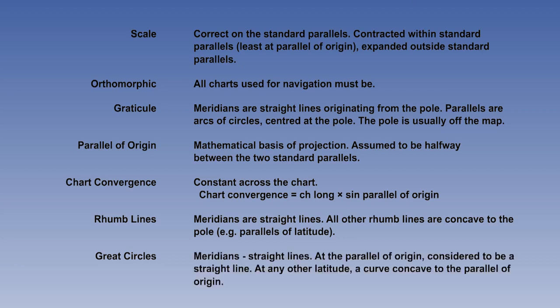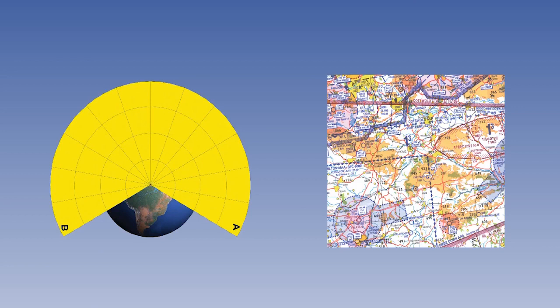Meridians are straight lines. The parallel of origin is considered to be a straight line. At any other latitude, a great circle is a curve concave to the parallel of origin. That concludes this first lesson on the Lambert chart. The next lesson will consider how these properties affect the way that we use it.